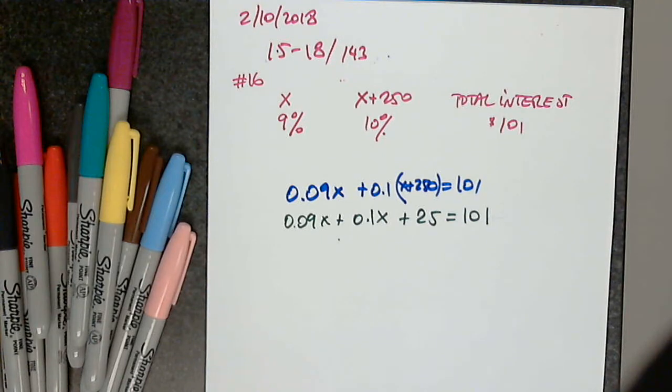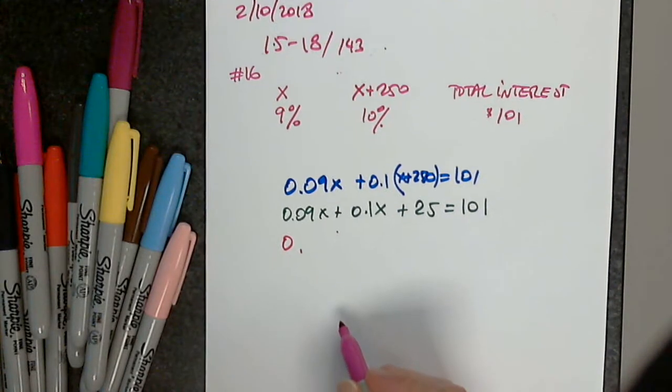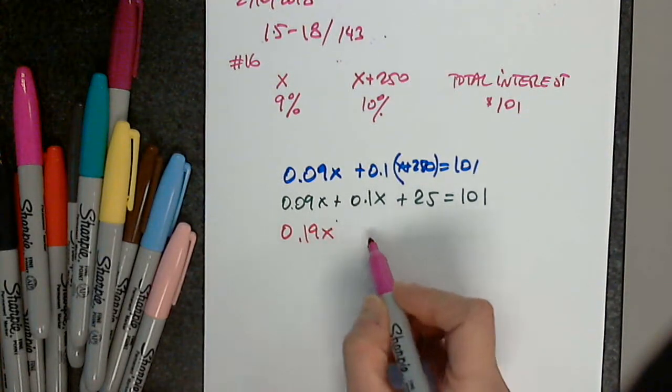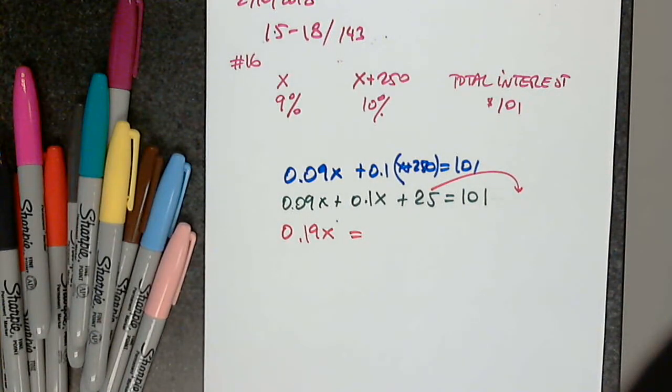Then, what do you recommend? Combine like terms. Perfect. Combine like terms, simplify the left-hand side, and I get 0.19x equals, and I move 25 to the other side because it's a linear equation, and we know in linear equations we have to separate the terms with x from the terms without x.